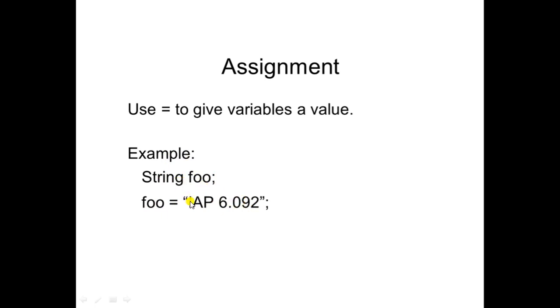Whatever you put inside a double quote, even if it is digits, or even if it is an integer or double value, it will get considered as a string value. So of course it is a string value. Okay, so the foo value will be IAP 6.092.